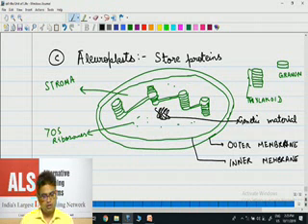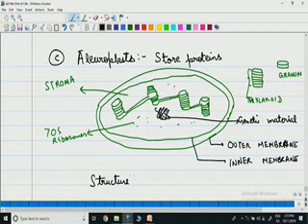Okay, so this is the structure of chloroplast. It is also a semi-autonomous organelle.